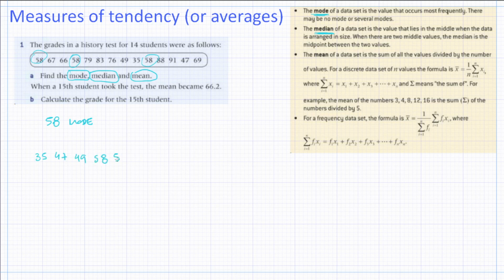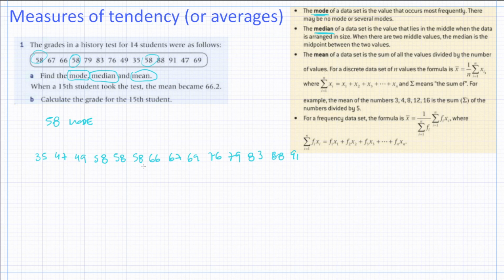Oh, I've got 58 three times. Then 66, 67, 69, 76, 79, 83, 88, and 91. I think that's all of them. Yeah, that's all of them.